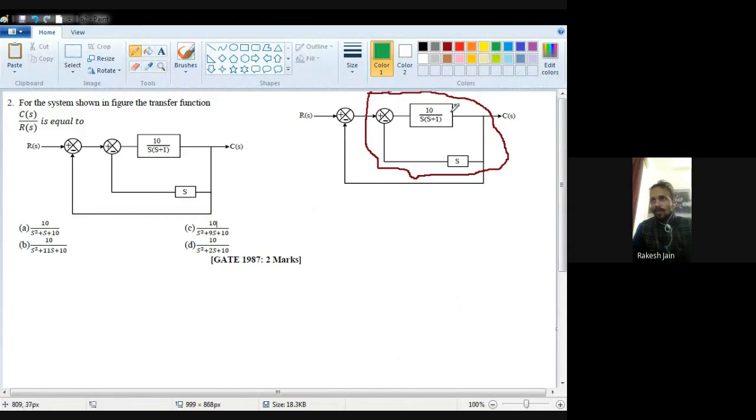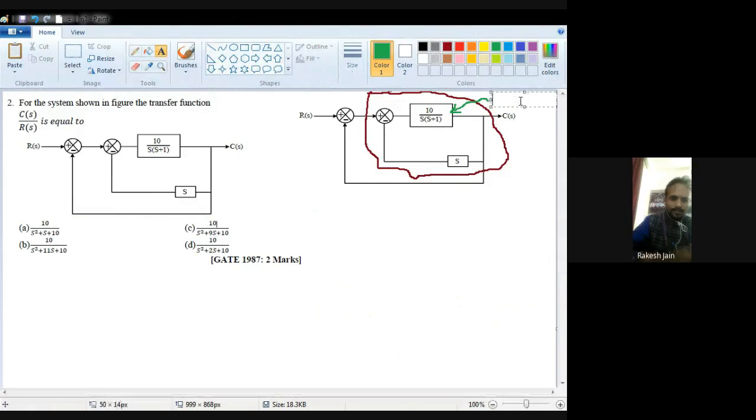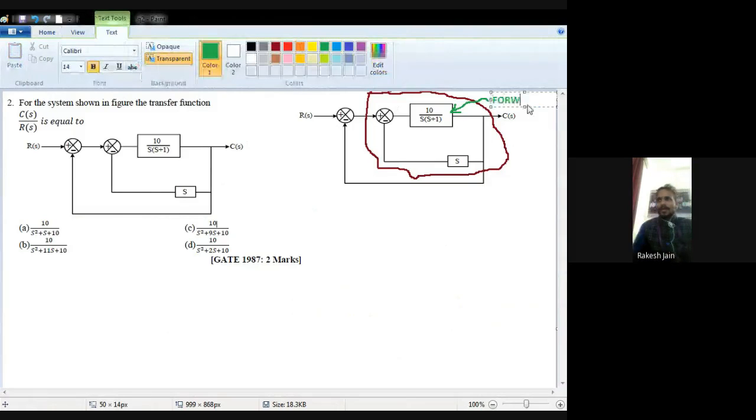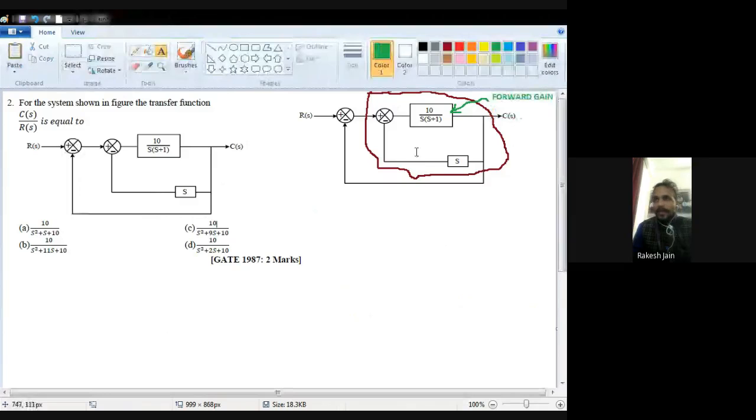For this block, this will behave as a forward gain. And this S will behave as a feedback gain, as I told you.